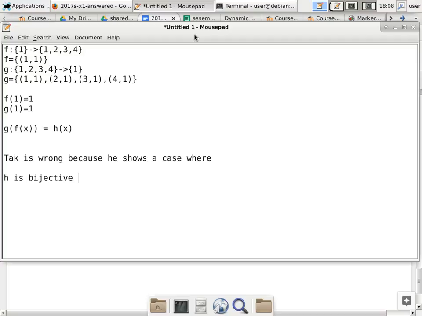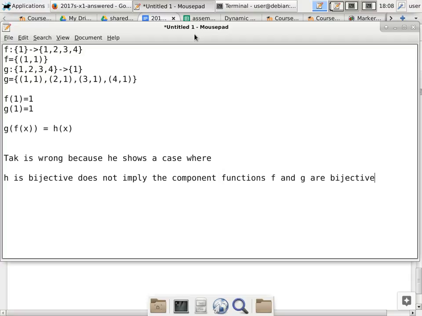Are there any questions about whether h is bijective or not? H is clearly bijective because the domain has one element. The codomain of h also only has one single element. So it has to be bijective, okay? That does not imply the component functions g and f are bijective.